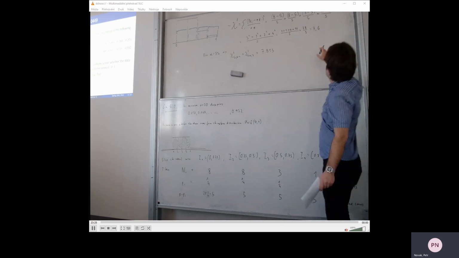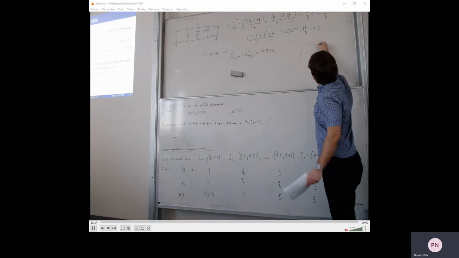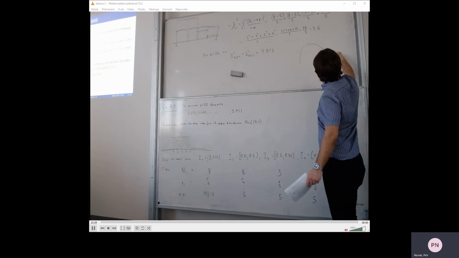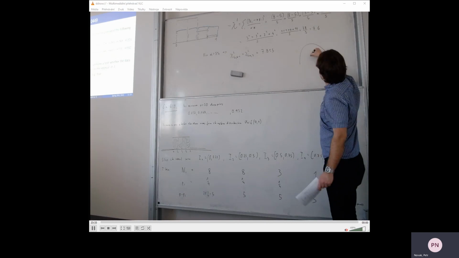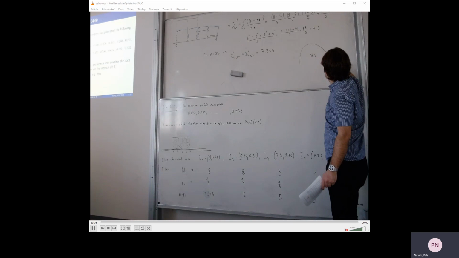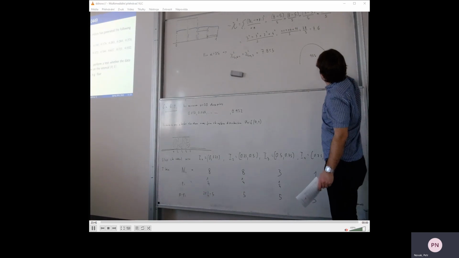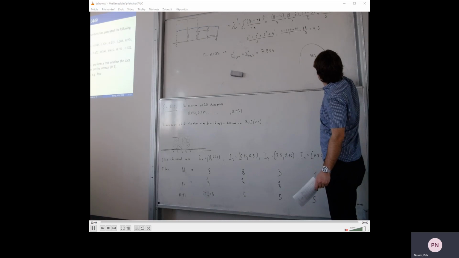So we are in this situation. Here we have the critical region. Here we have the OK region. Here we have the bound 7.815. And here we have the chi-square statistic 7.6.